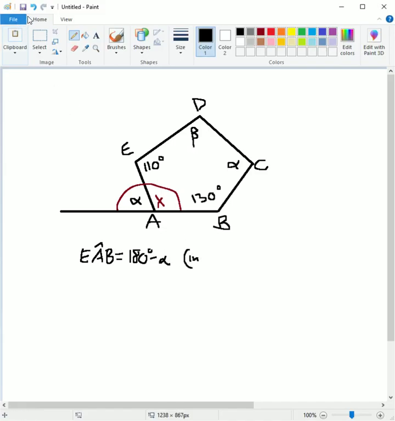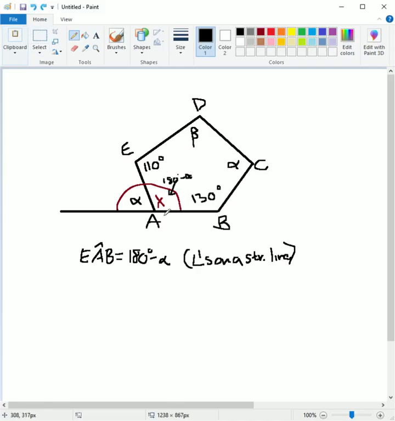Angles on a straight line. Okay, great. So we don't know the actual value, and that's okay. We just know this angle in terms of alpha. So this angle over here is 180 degrees minus alpha. That's what this angle is equal to, that we've worked out over there.